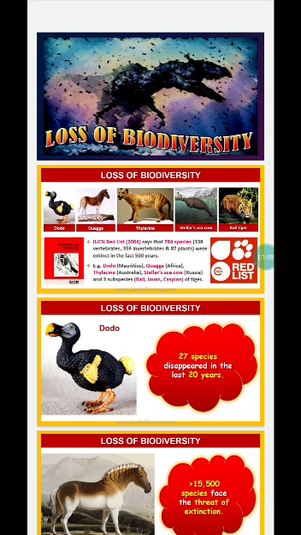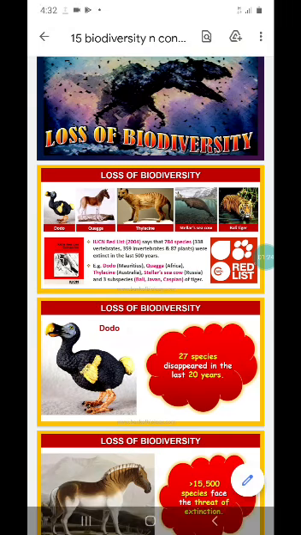For example, the dodo of Mauritius, the quagga of Africa, the thylacine of Australia, Steller's sea cow of Russia, and 3 subspecies of tigers. These are some of the extinct animals.